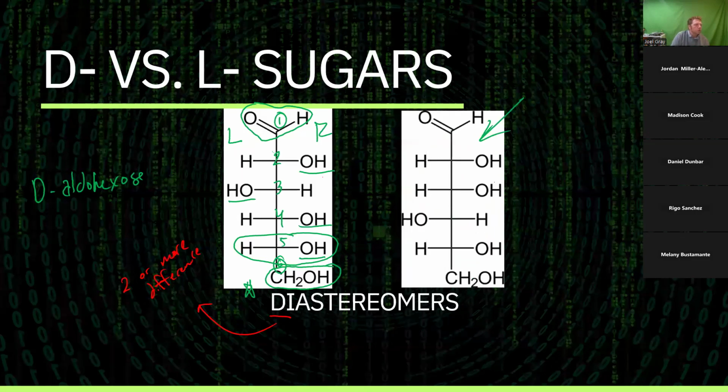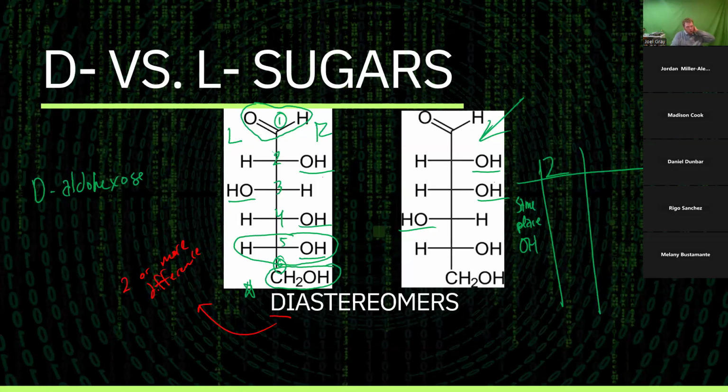This molecule, we have right, right, left. So let's take stock. Same place OH. Between these two sugars, are the hydroxide groups on carbon number 2 in the same position? Add a Y or an N to the chat.